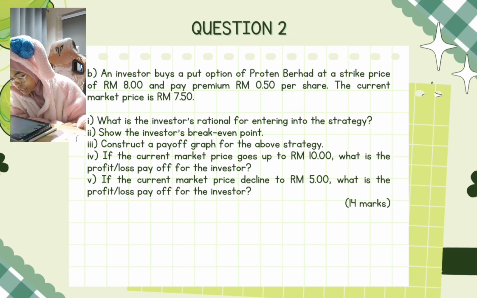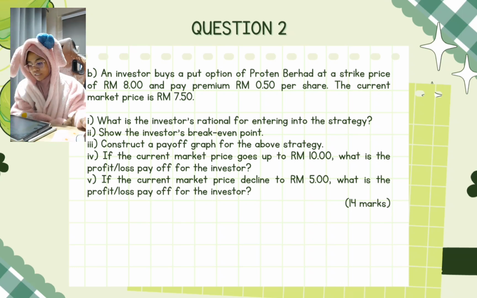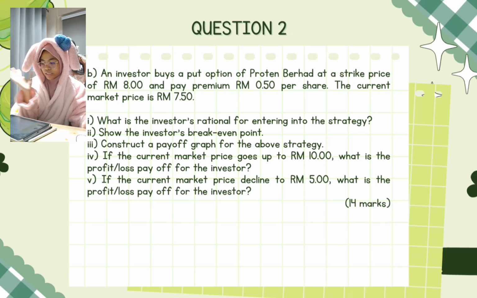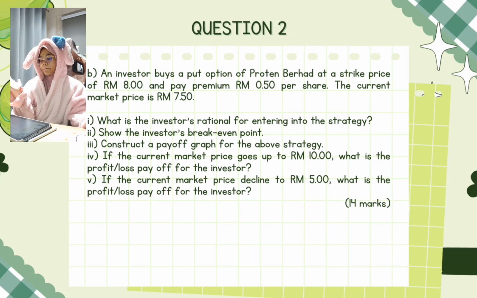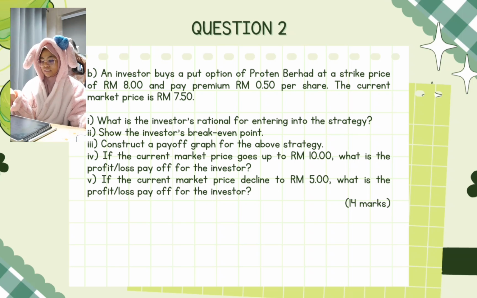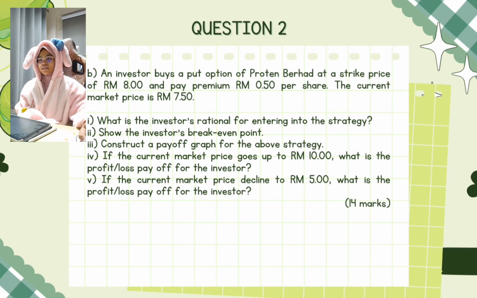Construct a payoff graph for the above strategy. If the current market price goes up to 10 ringgit, what is the profit loss payoff for the investor? If the current market price declined to 5 ringgit, what is the profit loss payoff for the investor? So firstly, this is the EP.